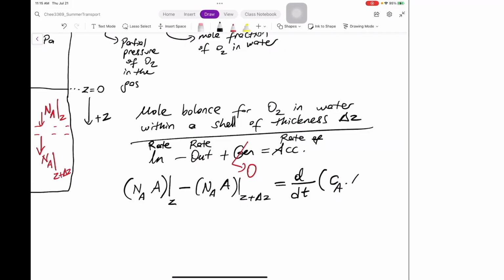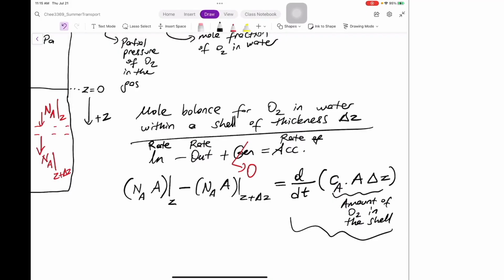The volume of the shell is nothing but the area of the shell times the thickness of the shell, right? That's the volume of a rectangular slab. So this is the amount of oxygen in the shell, and this is going to be the rate of change of that amount of oxygen.